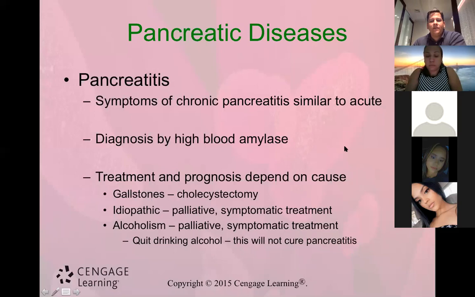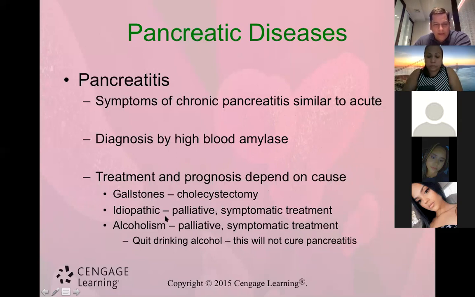For pancreatitis, the symptoms of chronic pancreatitis are similar to acute. It is diagnosed by high amylase in the blood. The treatment and prognosis depend on the cause. It can be gallstones, and the solution is cholecystectomy.